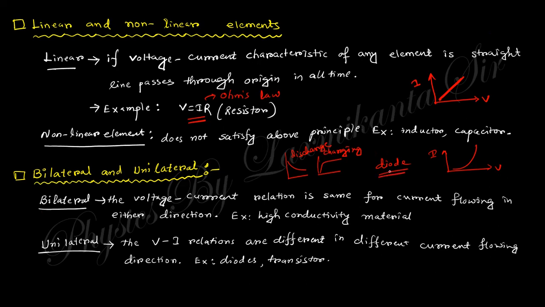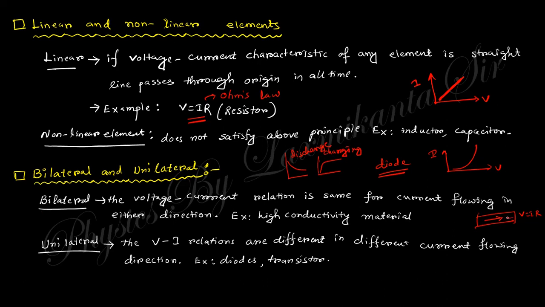Clear? Now comes the next point, that is bilateral and unilateral. What do you mean by bilateral and unilateral? Bilateral means the current-voltage relation is the same in all directions. Suppose this is a conductor. If you pass current in that direction, the relation will be V equals IR.